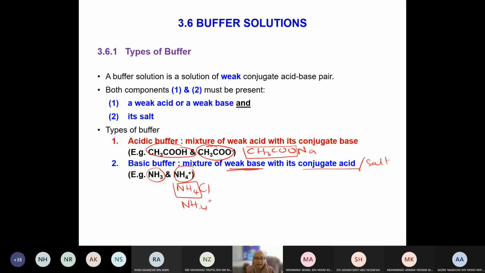This is the conjugate acid of the weak base. The terms can be used interchangeably to represent the buffer. Sometimes you can use conjugate, sometimes salt, but you need to know the difference. Salt means the salt itself, but conjugate is more specific.